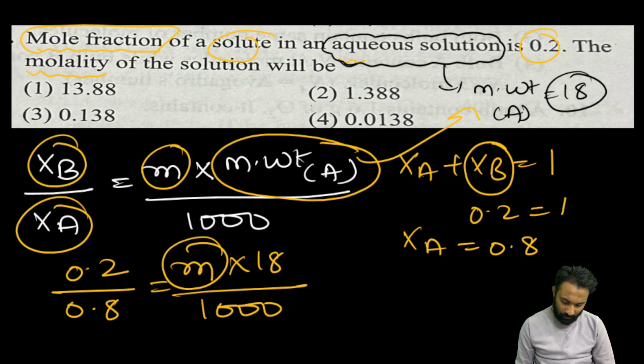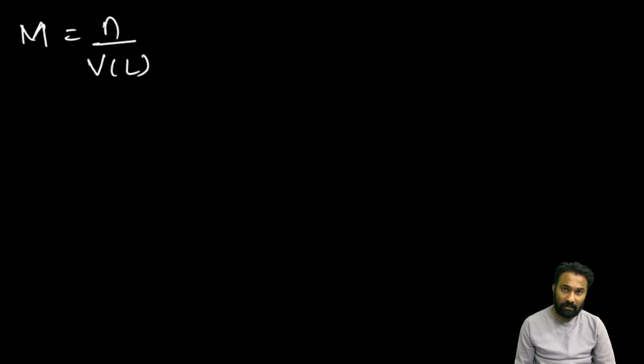Clear? Now we have seen many interconversion formulas which are very important for calculation and for solving the questions of our solutions. Let us recap them very fast. First is molarity. The formula of molarity is number of moles by volume in liter.